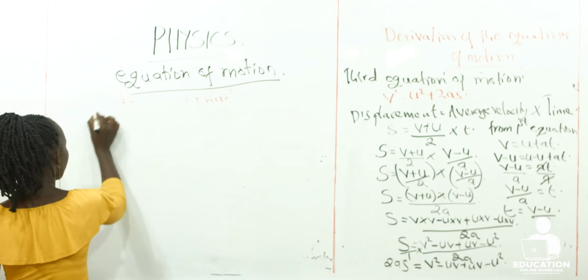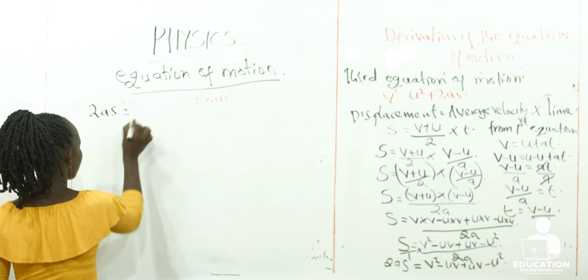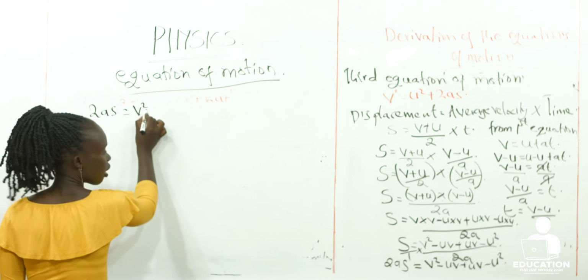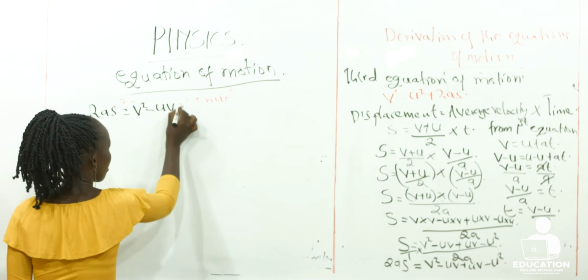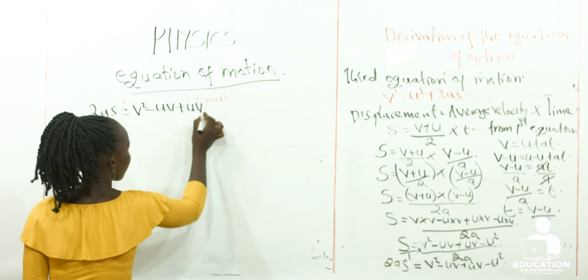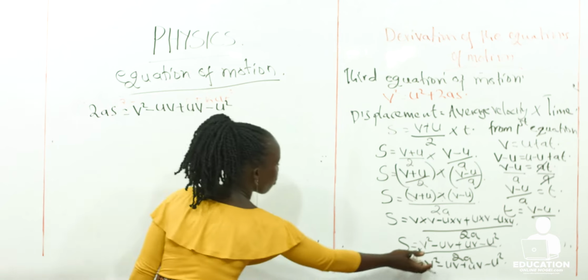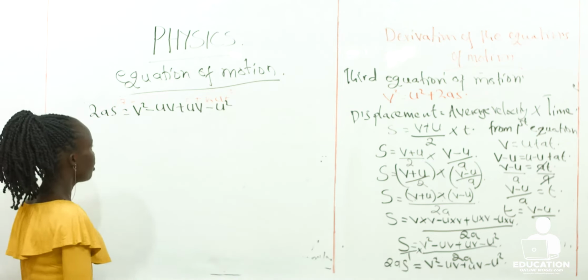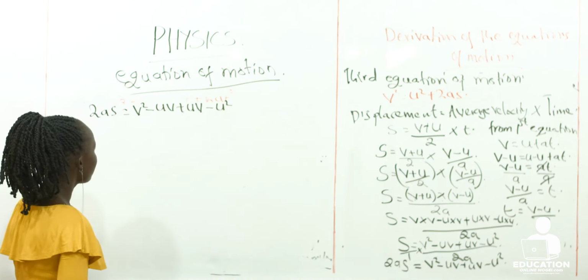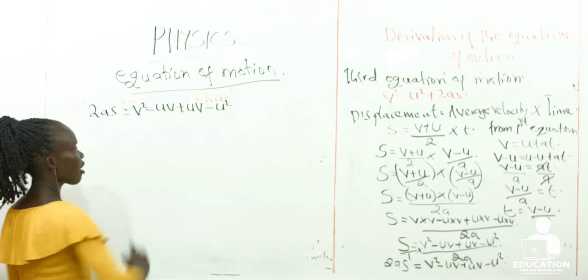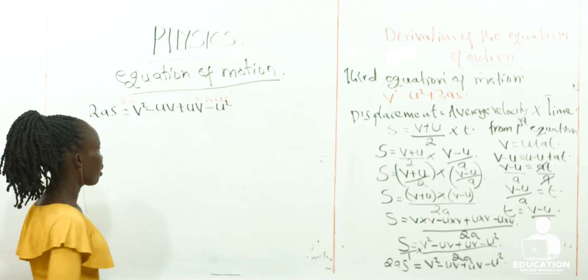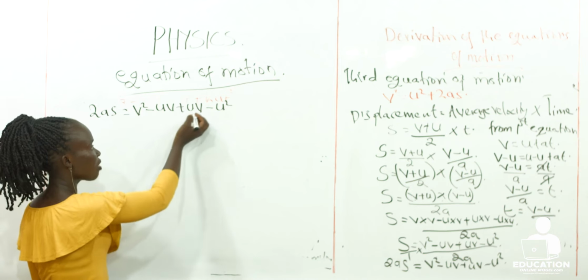So when we have our 2as is equals to v squared minus uv plus uv, then minus u squared. I am getting this just from what we calculated right there. So we want to eliminate the uv. How do you eliminate the uv? We have negative uv plus uv.